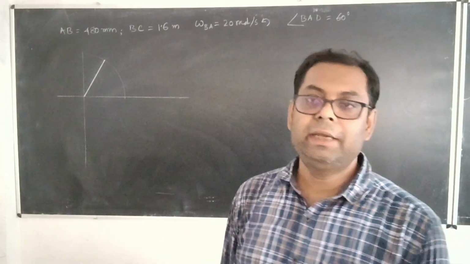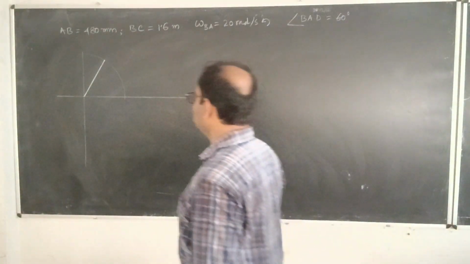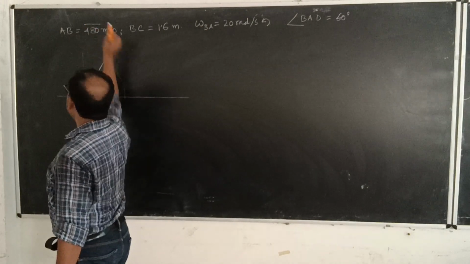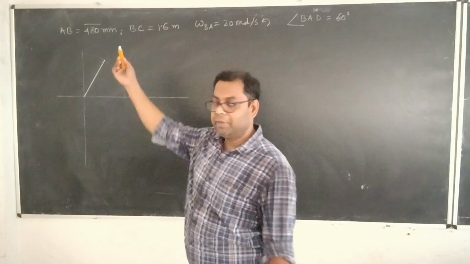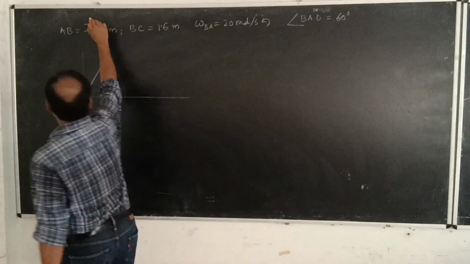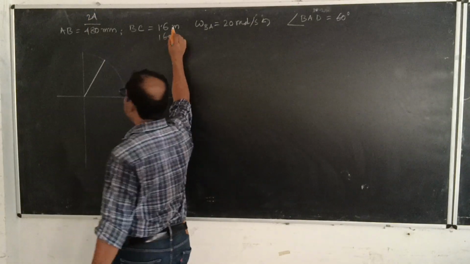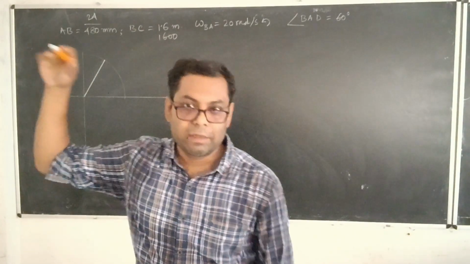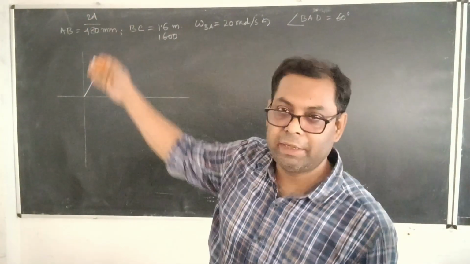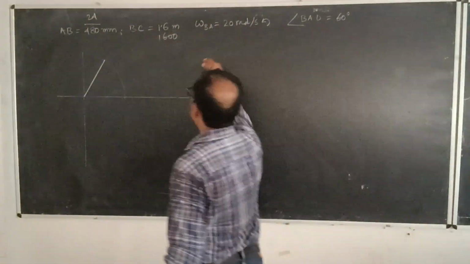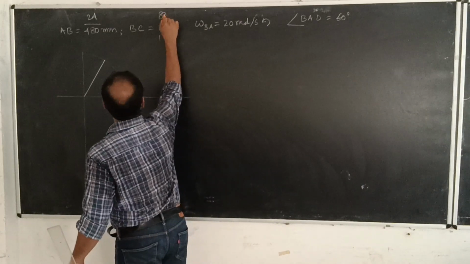Okay, 1:20 means, whatever the distance of 480 millimeter you are having over here, it becomes 24, and over here 1600 millimeter, as you know. If you divide it by 20, it becomes 80 millimeter.